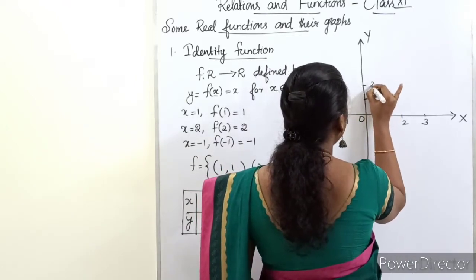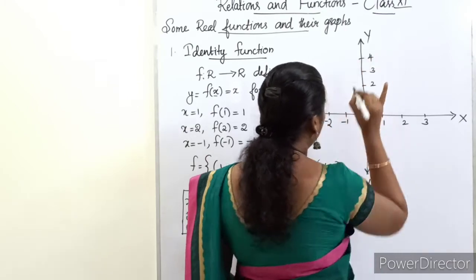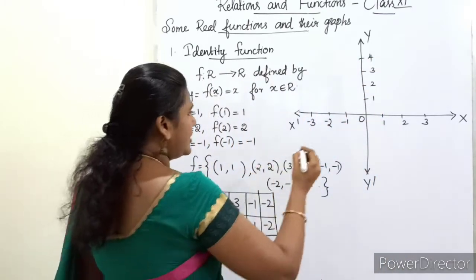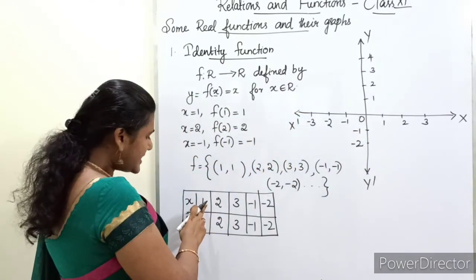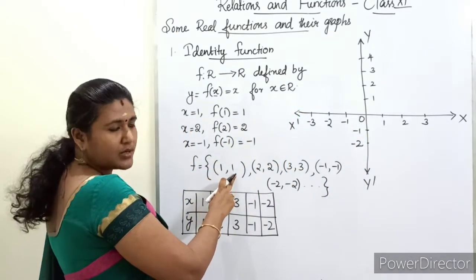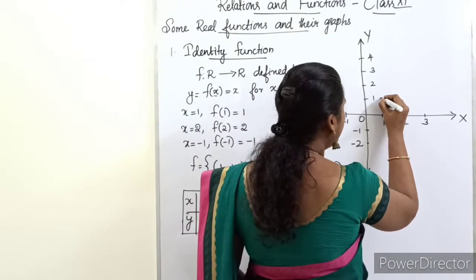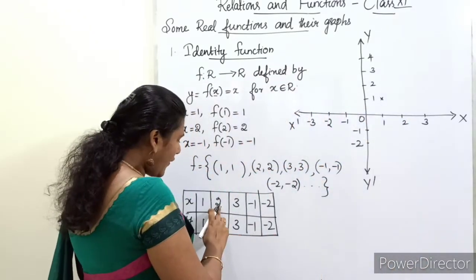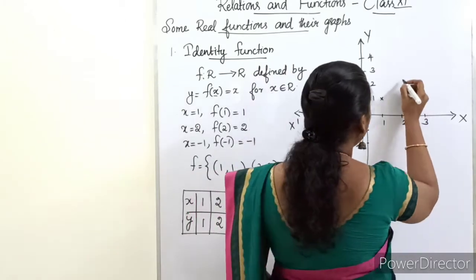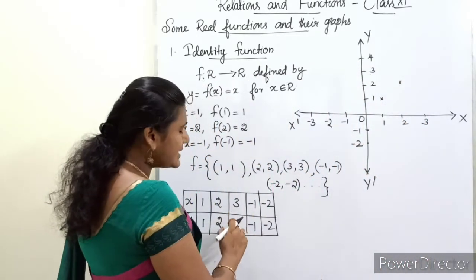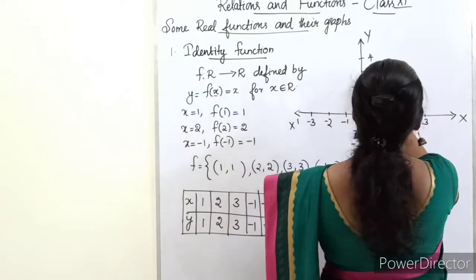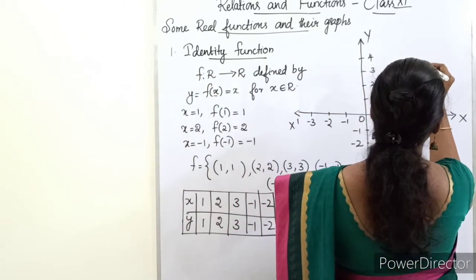Here negative values we will also mark. The first point is 1, 1, so the point will be here. The second point is 2, 2, so you will get the 2, 2 point here. And the third point is 3, 3, so you will get it here.